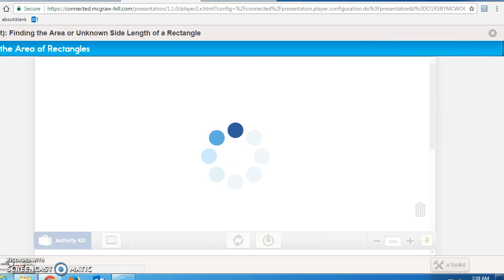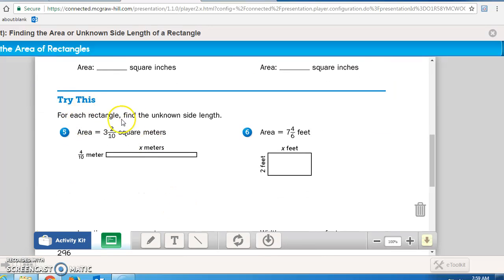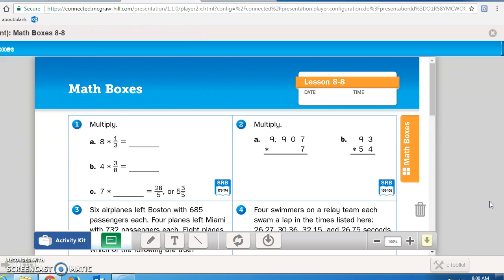And then on the very bottom, it's actually making sure that you find the rectangle with the unknown side. So they're challenging you a little bit more. Pause the recording now, do Math Journal page 296, and bring it up to me so I can check off your ACI.